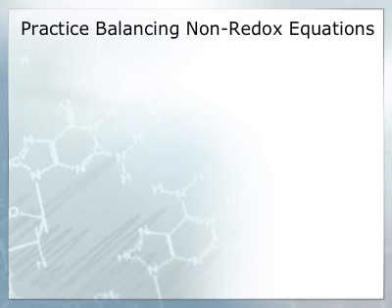Okay, so we have a couple of practices underneath that. I'm going to have you guys do those on your own to see if you can recognize which type of reaction is happening and know what steps you need to complete. Some of them just want you to balance them, using the matrix system.